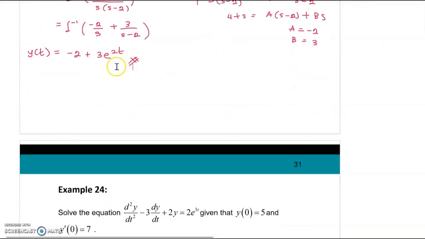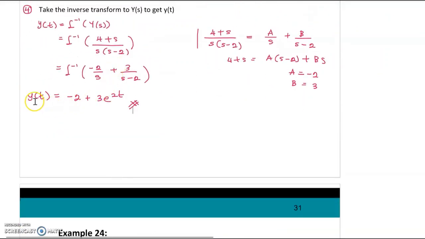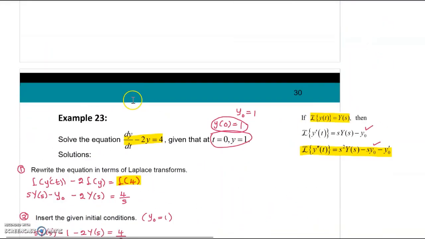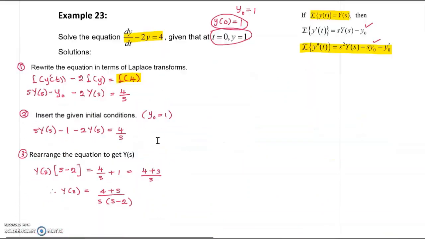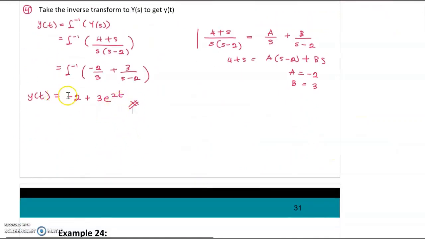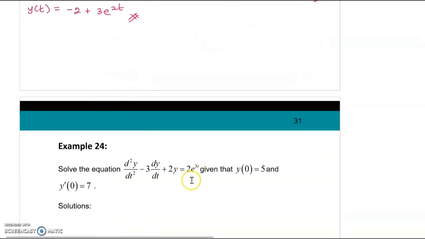Or basically you find dy/dt and put it back here, minus 2y, and see whether you get 4 at the right hand side. So that's how you check your solution here. So these are the 4 steps that you need to employ in solving the IVP.